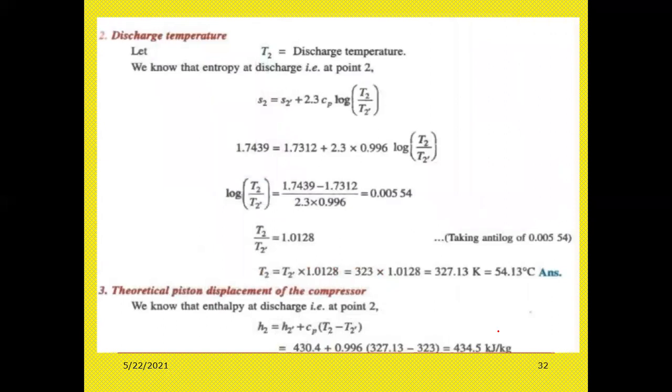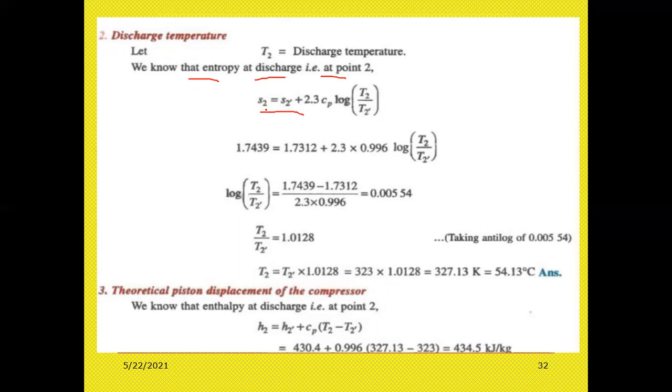Next, discharge temperature. Let T2 be the discharge temperature. We know that the entropy at discharge, at point 2, S2 is equal to S2 dash plus 2.3 Cp log T2 by T2 dash.